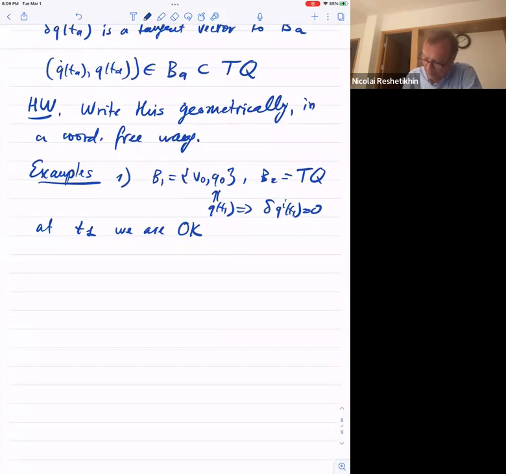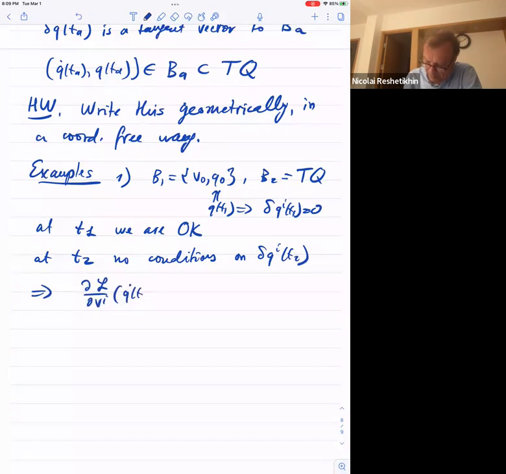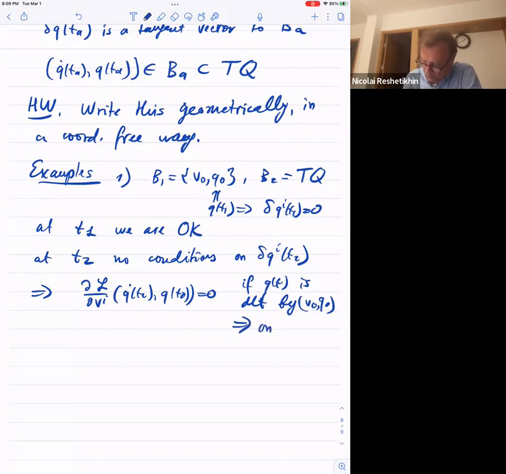So when the sum of the dimensions is equal to the dimension of the tangent bundle, that's the critical number when you have just enough conditions to fix either a unique trajectory or finitely many trajectories. Okay, so in this case, we are okay at T1, but then at T2, we are not okay at all because we have no conditions on delta q^i at T2, which means that this expression should be 0, and then if q of t is determined by the initial data, that means that this will be conditions on V0, Q0, which is a contradiction because we fix them arbitrarily.